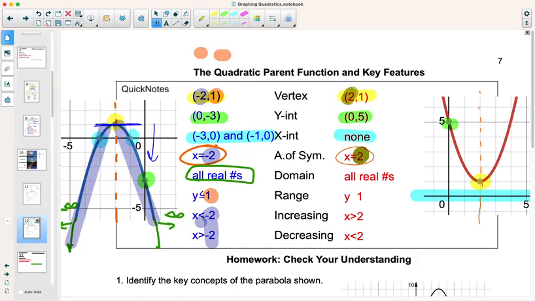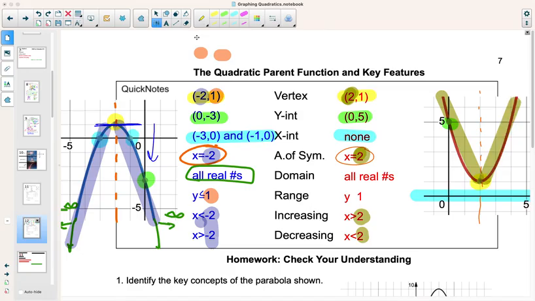Okay, that is the same number as that. They're always going to be the same because it has to run through the axis of symmetry, has to go through the vertex. Same with this number and this number, those 2s, they're the same thing. It's decreasing for x less than 2, that's this here, and increasing there.